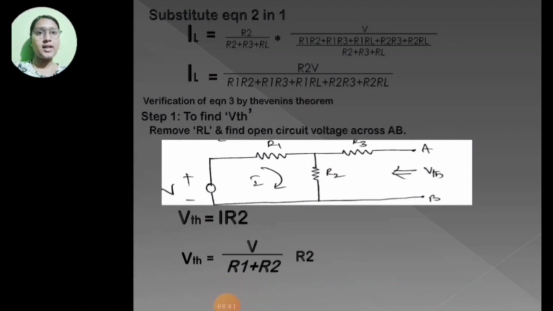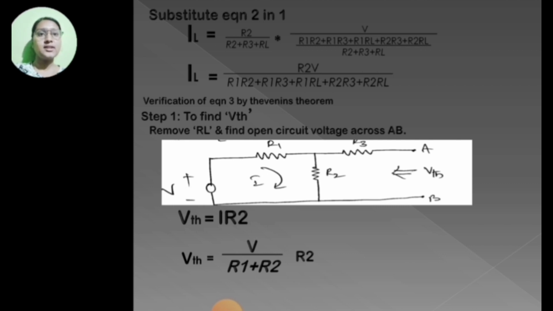Substitute this I value into equation number 1. We get IL equals R2 into V divided by R1 into R2 plus R1 into R3 plus R1 into RL plus R2 into R3 plus R2 into RL. This is the Thevenin's theorem equation.